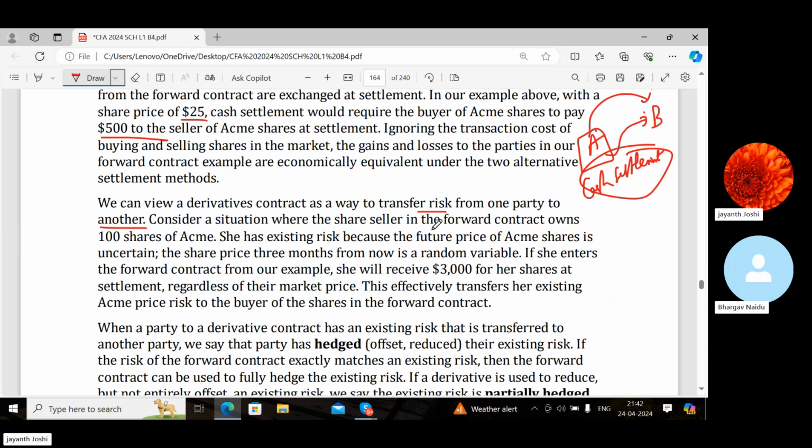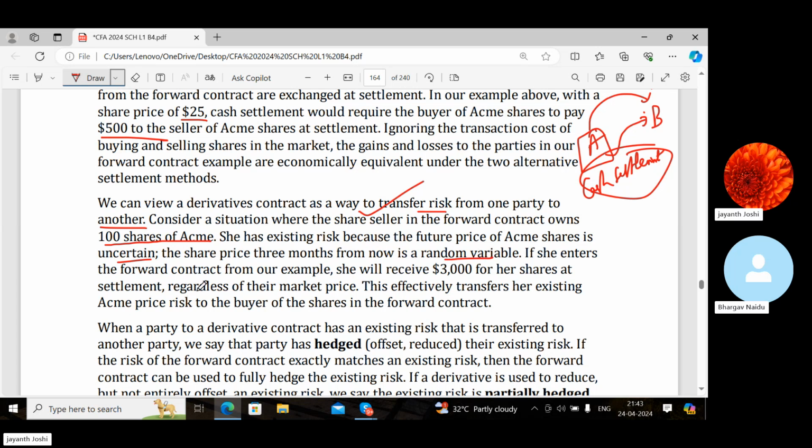Consider a situation where the share seller, that means the broker or whoever is, in the forward contract owns 100 shares of Acme. She has existing risk because the future price of Acme shares is uncertain. The share price 3 months from now is a random variable.